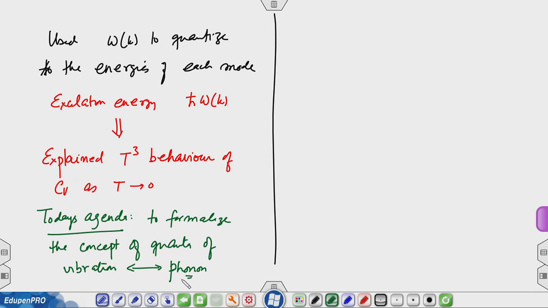When we do so, we also learn about how to manipulate the wave function or the properties of phonons.